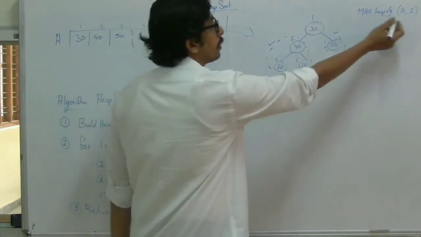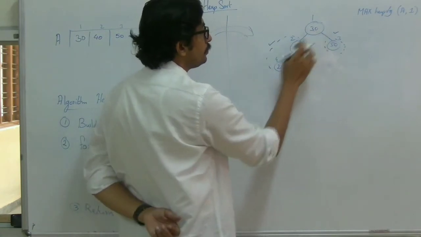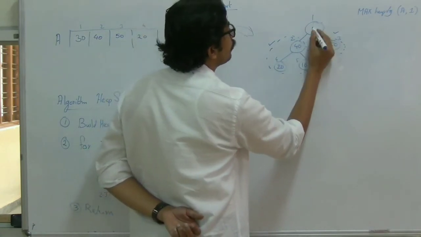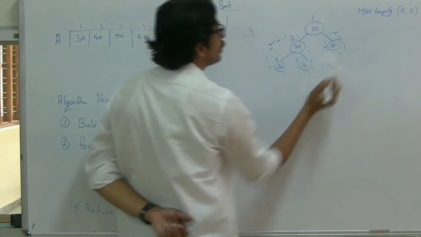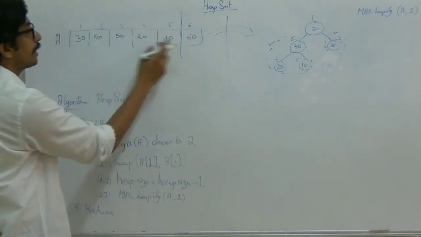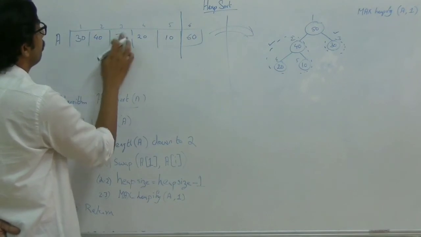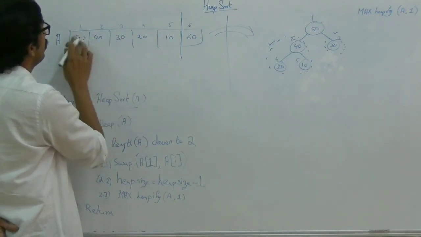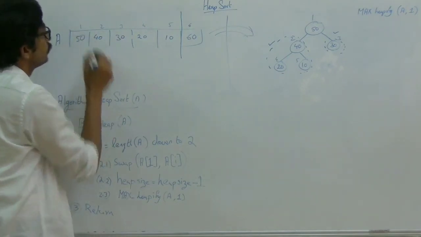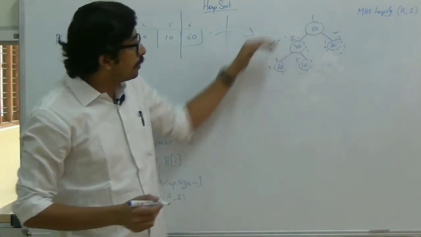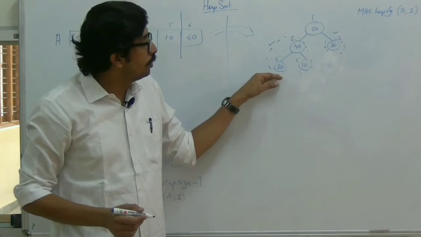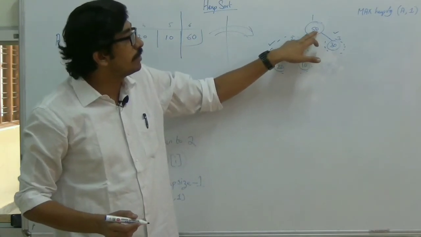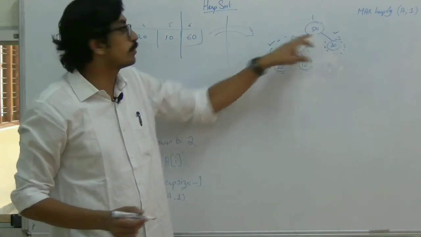If you call max heapify of 1, this entire tree will become a max heap. Largest is 50. 50 will come over here and 30 will come over here. So in your array it will be 30 and 50. So we have again converted the tree into a max heap. Now what we know, the second largest element is at your root position.